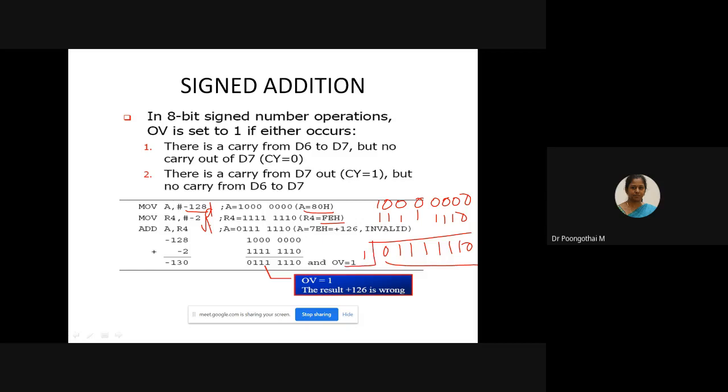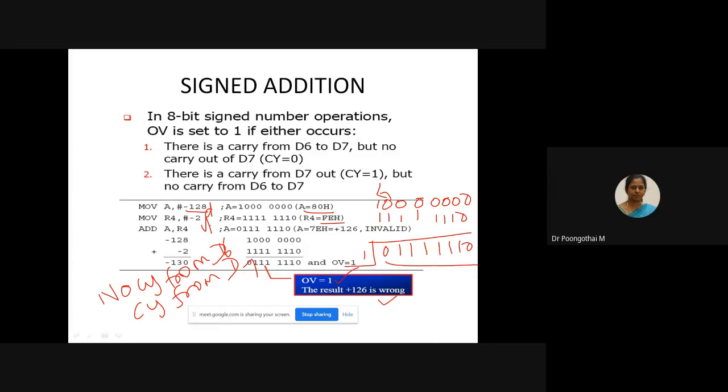Here there is no carry from D6 to D7, and there is a carry from D7. What does it indicate? Overflow is set to 1, so the result is wrong.